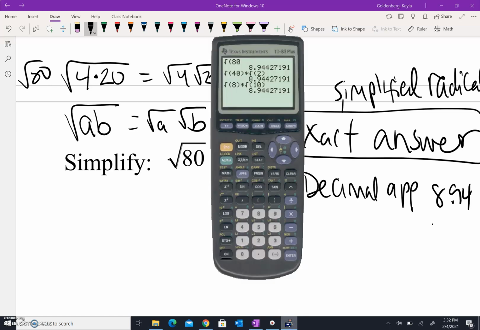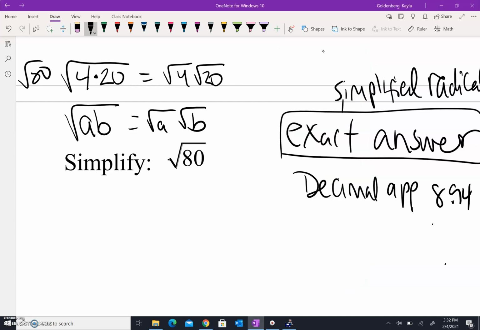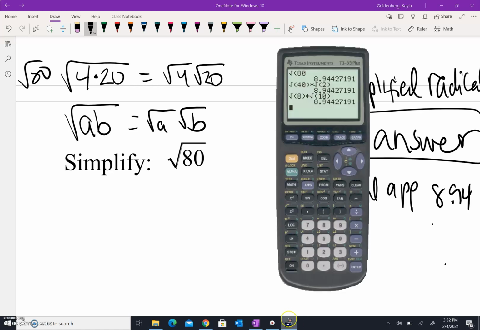Now the question is, which pair is the best? There's a lot of pairs that multiply to be 80, and it's kind of tricky. The trick is we want to pick the biggest perfect square that fits into 80. We're seeing that 80 is divisible by 2 and 40, 8 and 10, and 4 and 20.